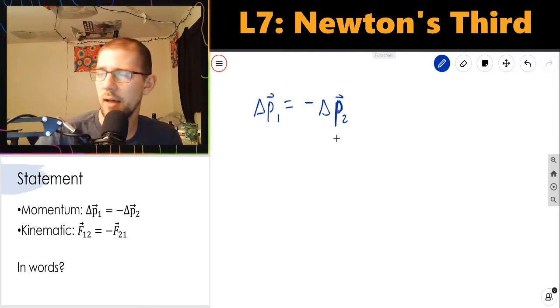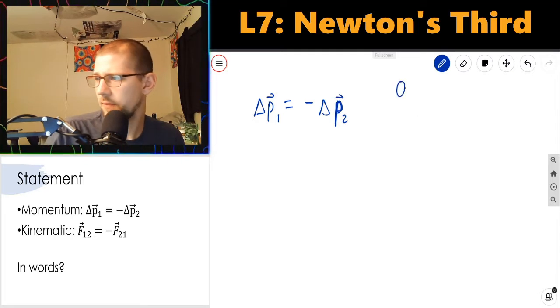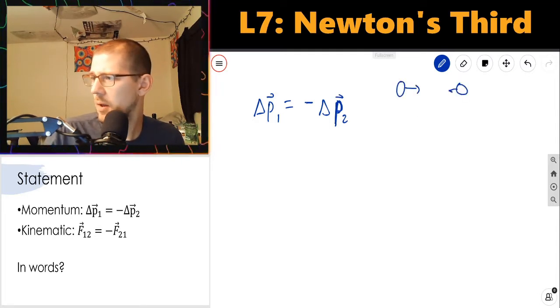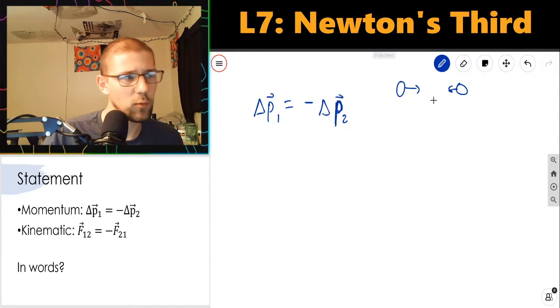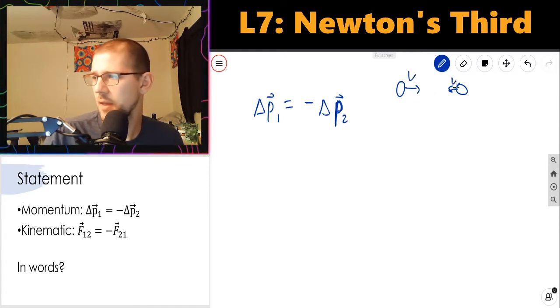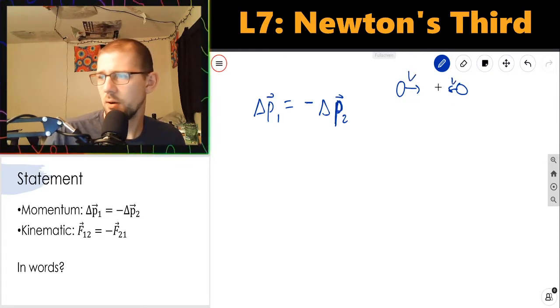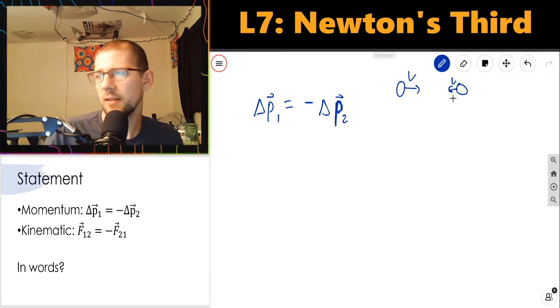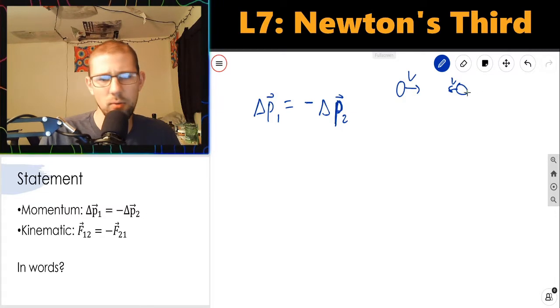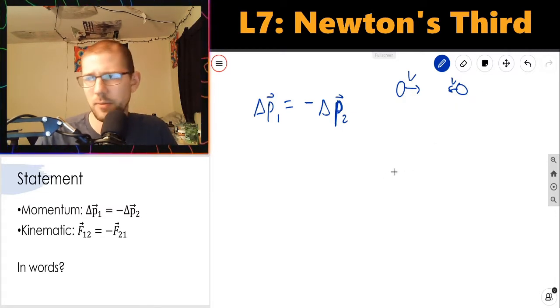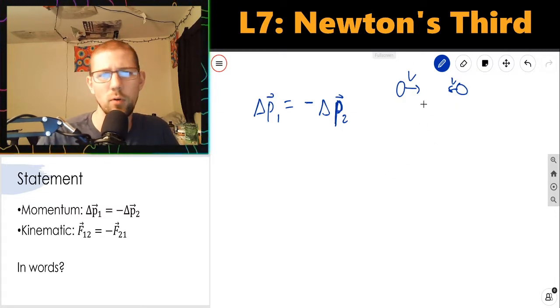So in a collision, for example, if two masses collide with one another, any velocity change in one mass must be reflected by a velocity change in the other mass. That's required for conservation of momentum, assuming no net external force, right?